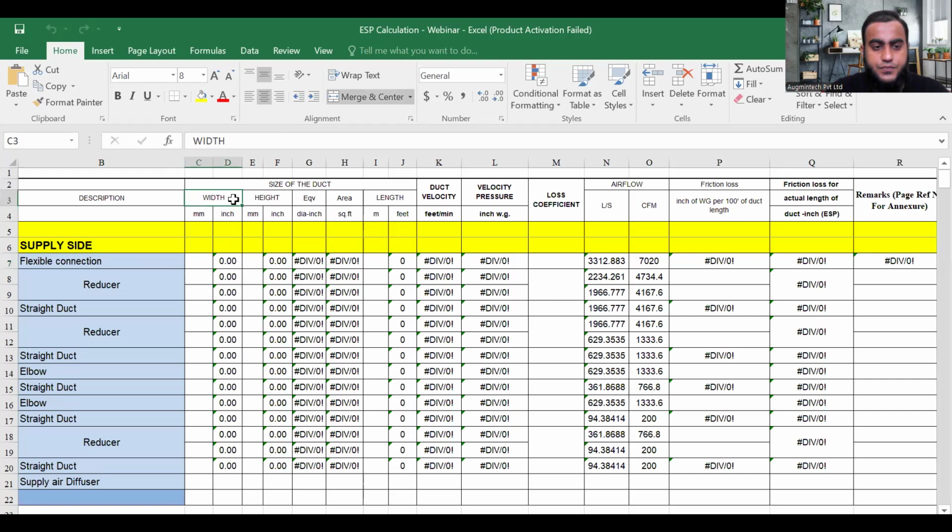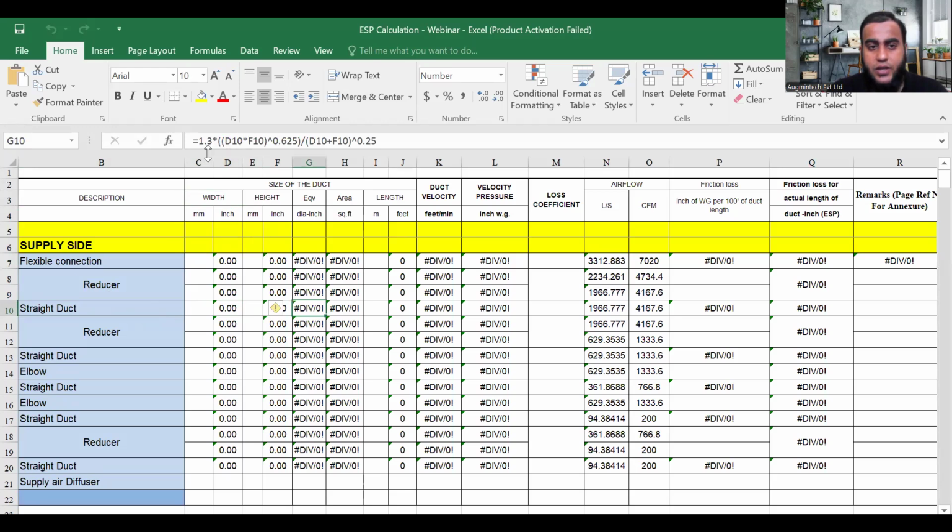Suppose, for example, you want to calculate the friction loss value in a straight duct. Simple, first you enter the width of the duct in mm. Automatically you will get the duct width in inches, because here I have applied the formula. Now enter the duct height. Even for equivalent diameter, see the formula we have applied here. Can you see?